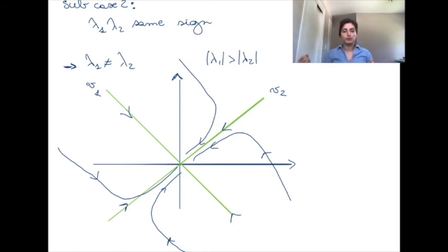Every other point is a combination of v1 and v2 with appropriate coefficients. And one of the two eigenvalues associated with our eigenvectors is bigger than the other. So let's say lambda 1 is in absolute value bigger than lambda 2. So it drags the points faster than lambda 2 does.